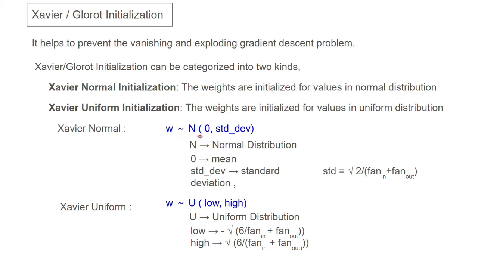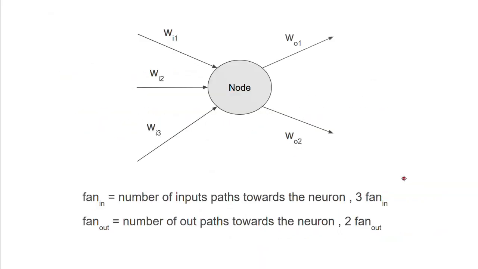For normal distribution it will have mean 0 and a standard deviation. The only thing is that the standard deviation formula is different. Standard deviation here for the normal distribution is square root of 2 divided by fan in plus fan out. So here, fan in plus fan out will be 3 plus 2 for this particular node.